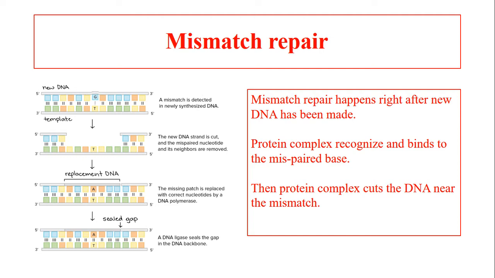A second complex cuts the DNA near the mismatch, and more enzymes chop out the incorrect nucleotide and the surrounding patch of DNA. A DNA polymerase then replaces the missing section with correct nucleotides, and an enzyme called DNA ligase seals the gap.